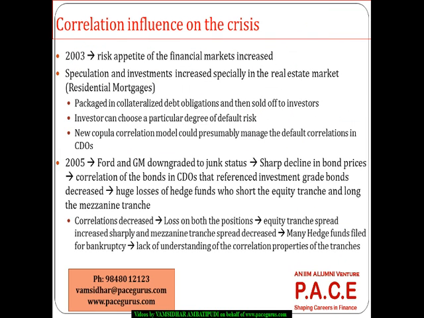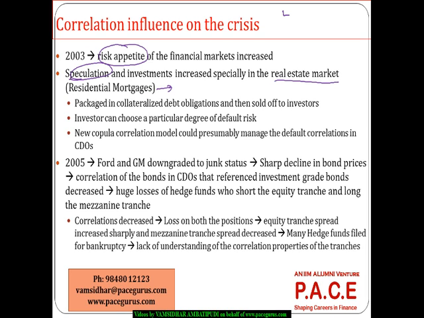So, how did correlation influence this entire scenario? Because our objective is correlation, I would like to talk completely about how correlation influenced this scenario. In 2003, everyone wanted to take a risk. So the speculation came up in the real estate market, especially the residential mortgage segment.